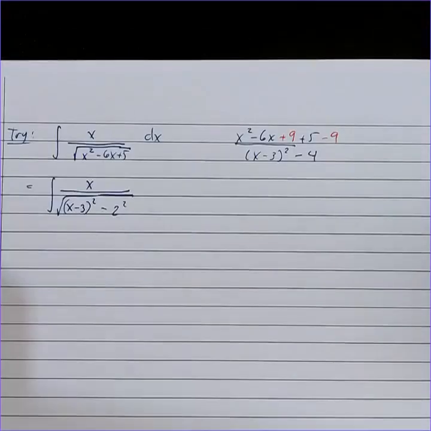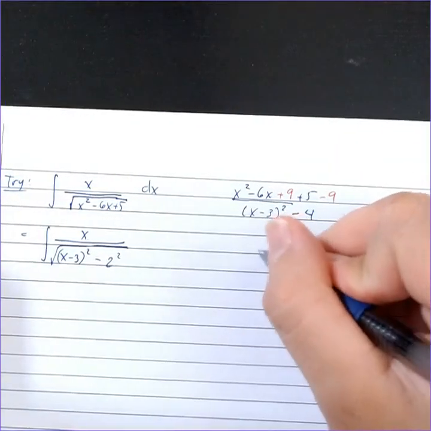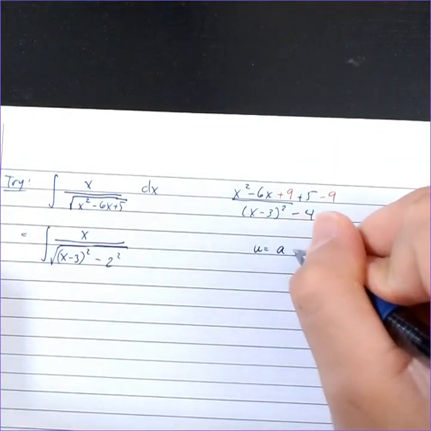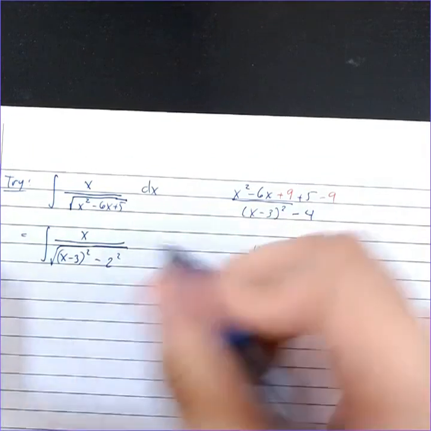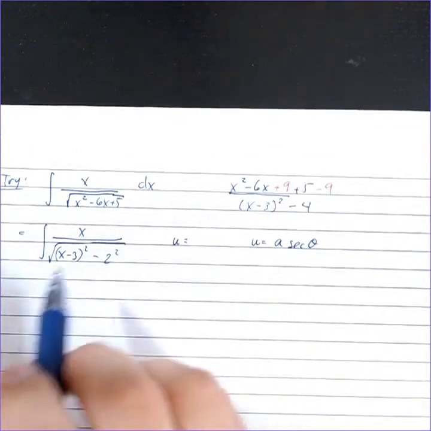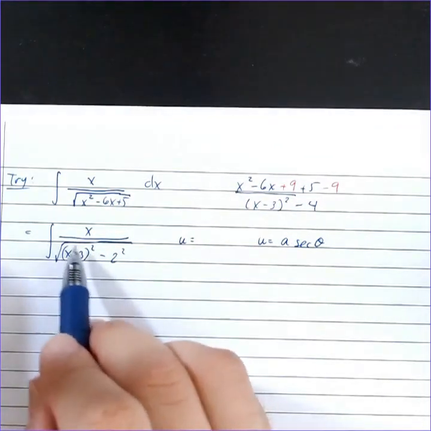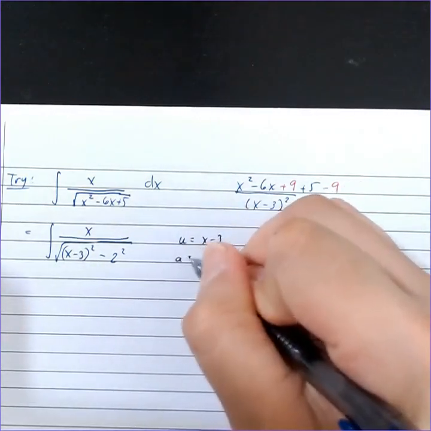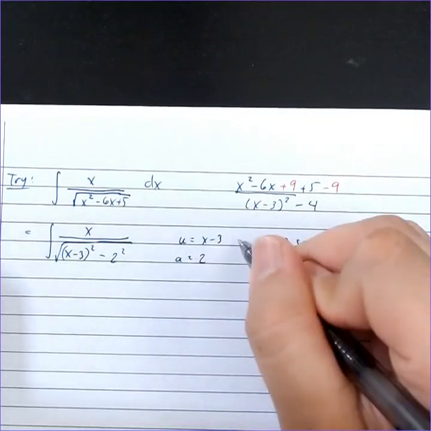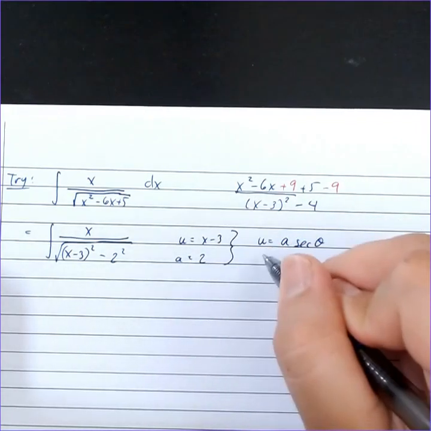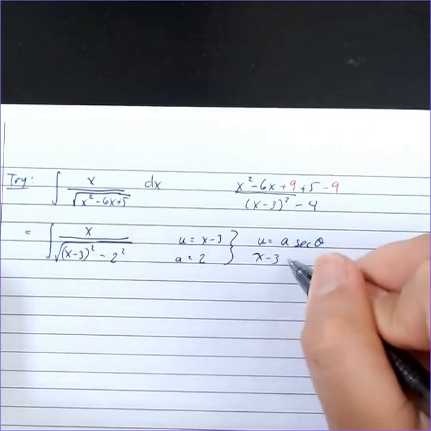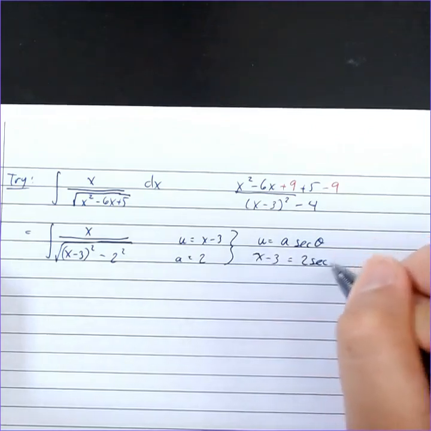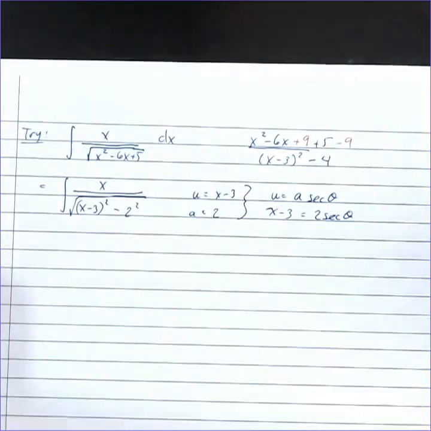u is equal to a secant of theta, where u is the variable expression being squared, in this case x minus 3, and a is the constant that's being squared, which is the number 2. Putting that together, that's going to give us x minus 3 is equal to 2 times secant of theta, just like that.